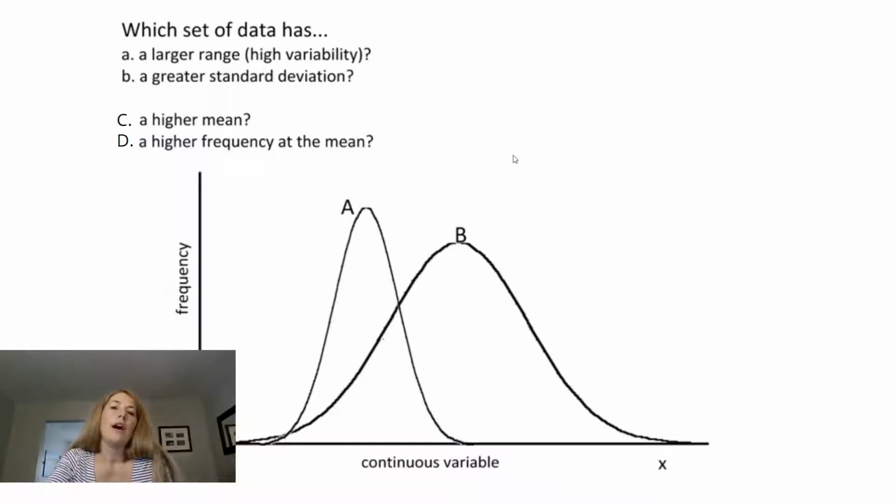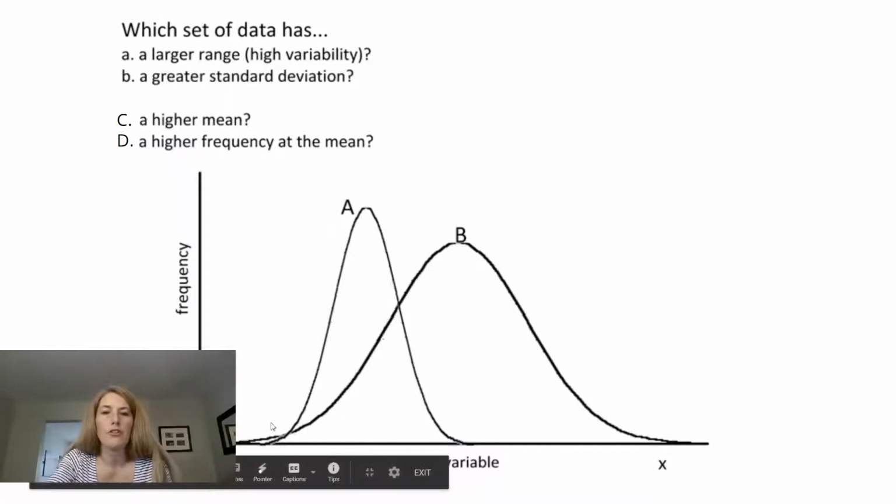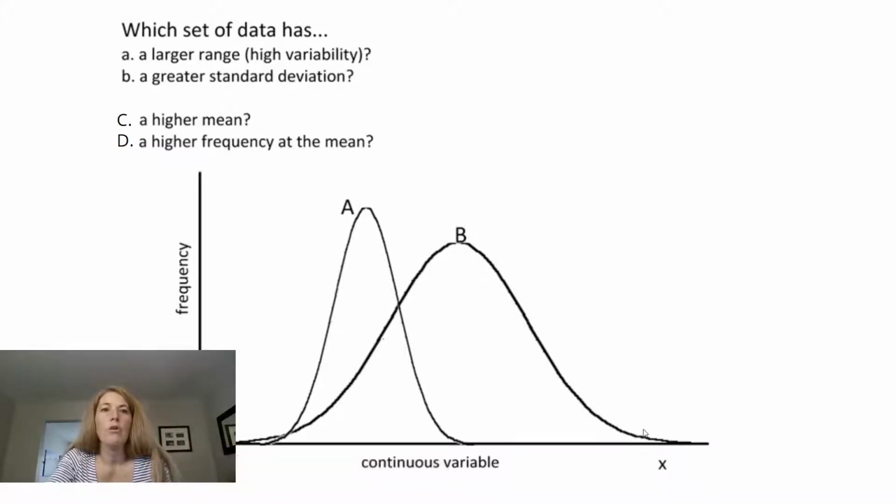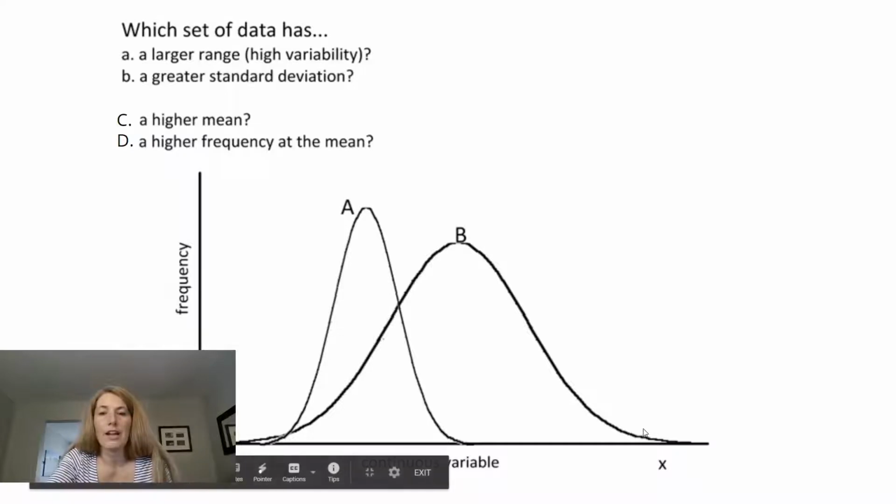So in here, which data set has the larger range? Again, a range is the width. So B would have a larger range than A. Which one has a greater standard deviation? The width of the range is the standard deviation. So again, B is going to have a greater standard deviation. A higher mean? I got tricked on this.